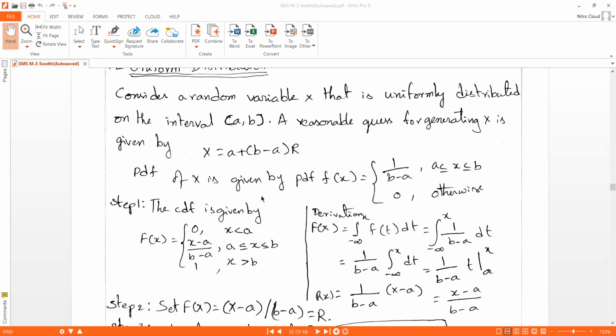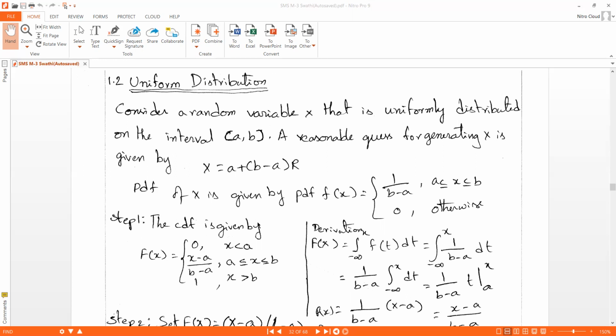That is the uniform distribution PDF, which we have discussed in the second module, uniform distribution PDF and CDF. The same thing we are repeating here.